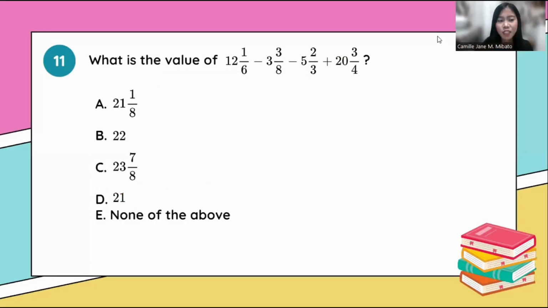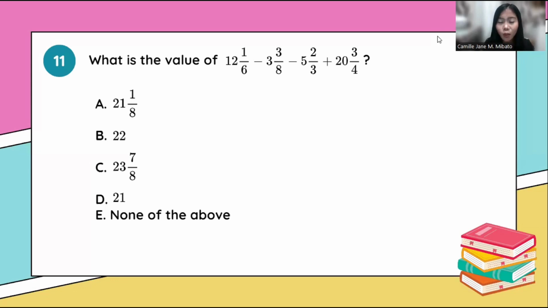Okay, now let's proceed to the next question. Question number 11. What is the value of 12 and 1/6 minus 3 and 3/8 minus 5 and 2/3 plus 20 and 3/4? A, 21 and 1/8. B, 22. C, 23 and 7/8.